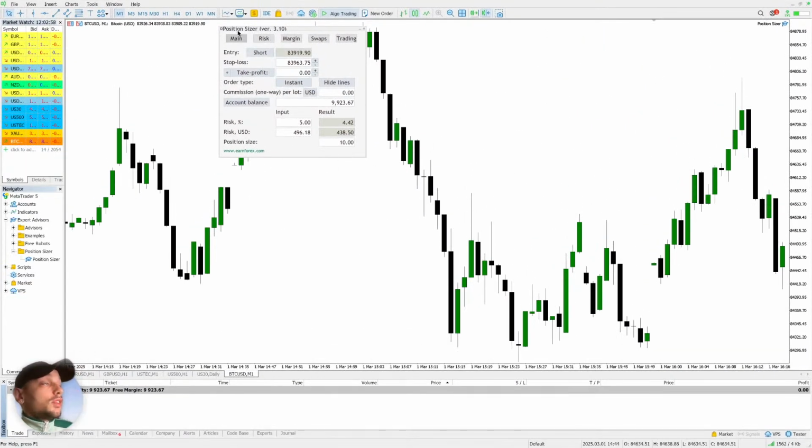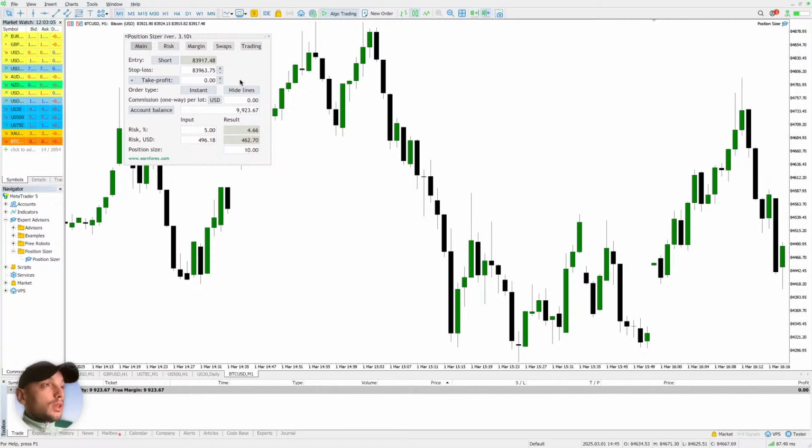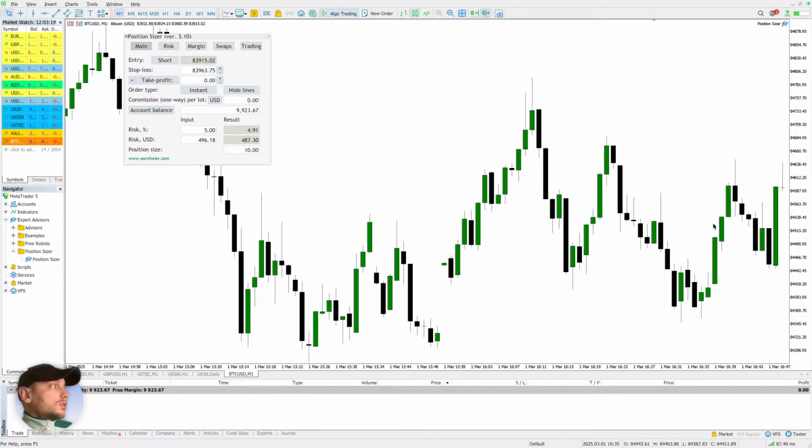This is the position size. If you want to download the position size tool, just Google it, and there is a good explanation of how you can install it and everything. So in here, you just put your risk, and when you go short or long, it's always the same percentage.